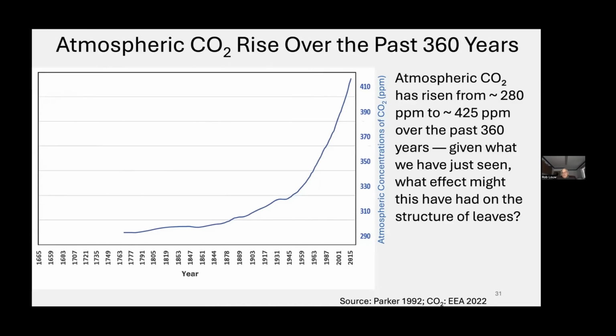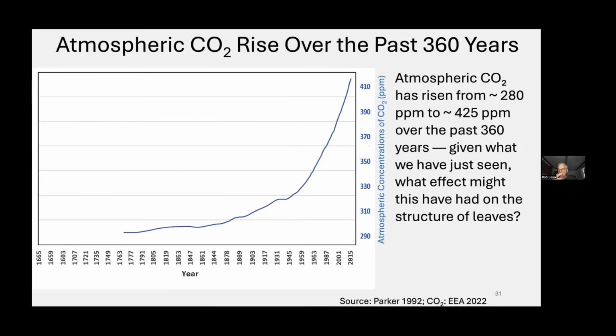To answer that, I'd just like to take a quick look at what has happened to carbon dioxide in the recent past. If you go back to the mid-1700s, carbon dioxide has risen from a level of about 280 parts per million to 425 over the past 360 years.